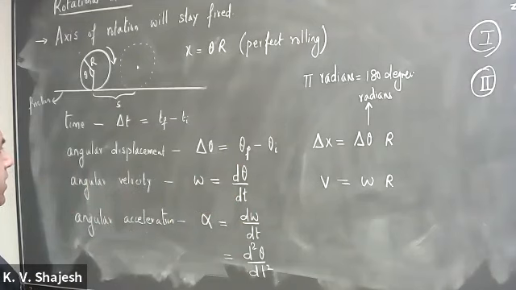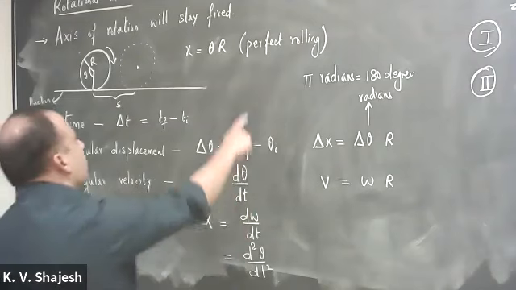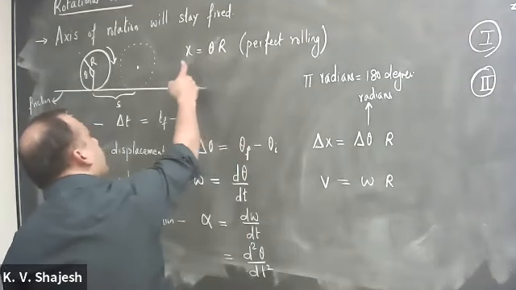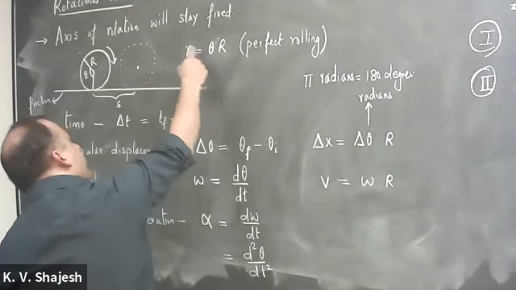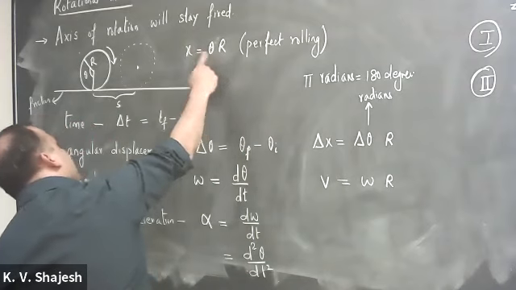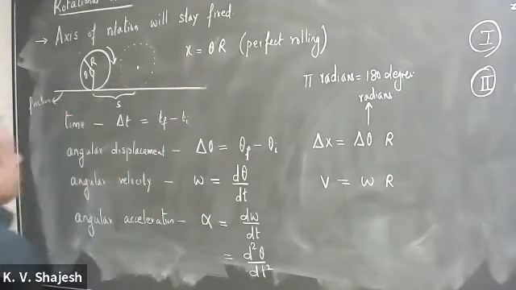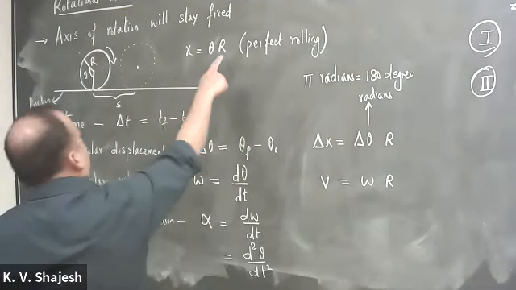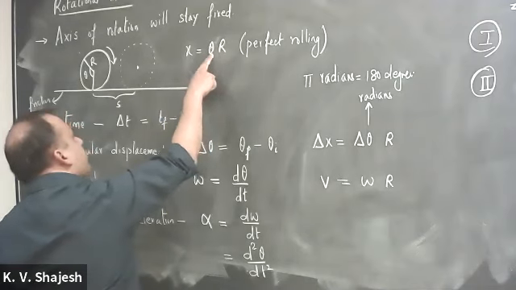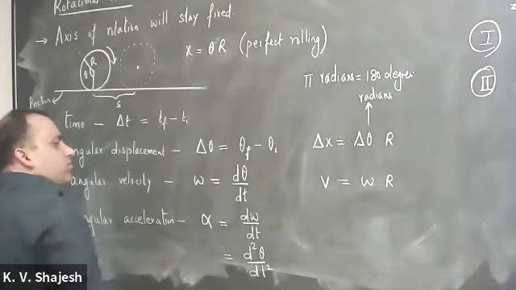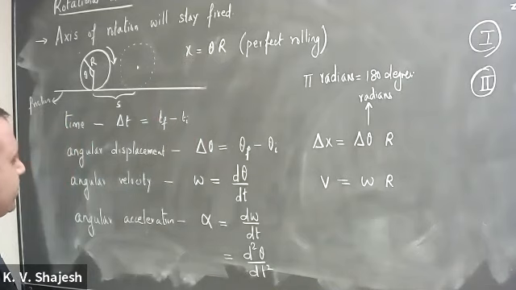So there is a connection there, and that's because of the constraint of perfect rolling. However much angle it rotates, it has to move a certain distance due to that, right? With respect to time, if r is fixed, then whatever changes happen here, it has to happen here also. So due to the constraint, there is a one-to-one relation.